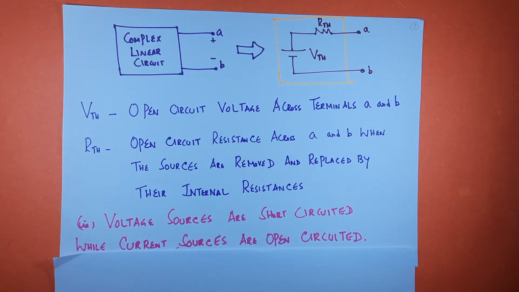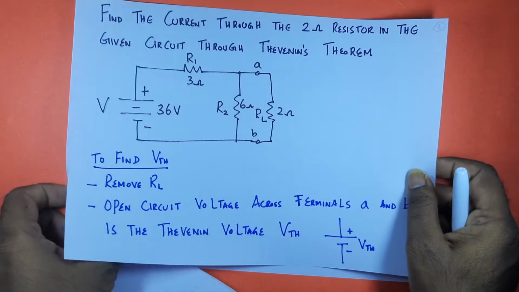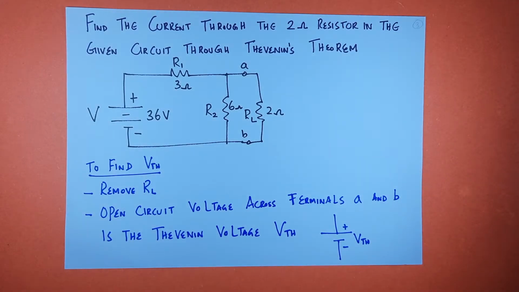That means voltage sources are short circuited while current sources are open circuited. We will illustrate this Thevenin's theorem by means of a simple example, and then a little bit complex example.